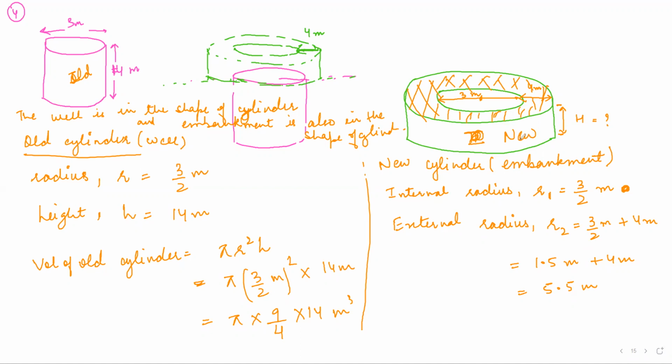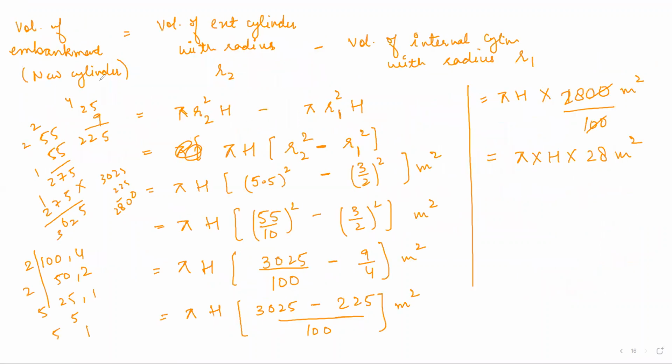I'm calling it new cylinder, right? I think this term is wrong because new cylinder means I'm taking the whole volume. Got the point? So I should not call it new cylinder. I should call it embankment only. So please cut this new cylinder. Harsha, got it? Okay. So here, volume of embankment. That's right.